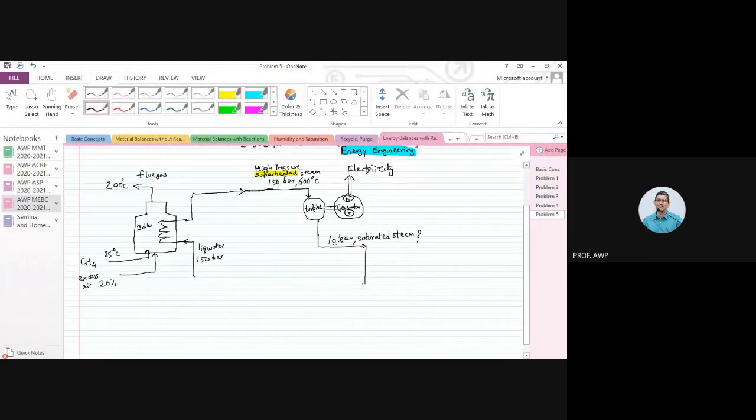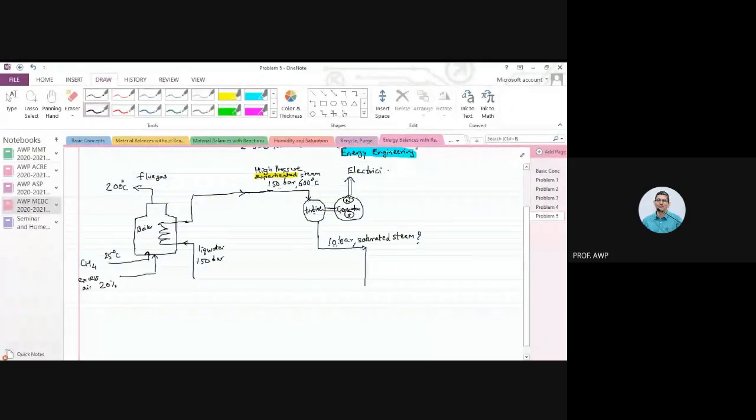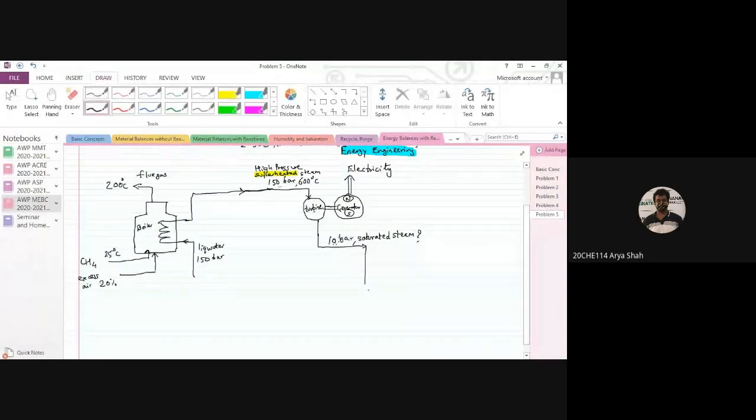Compressor, we said, is out of question because it will use a lot of power, the same power as the electricity generated. Again, if we are just converting 150 bar 600 degrees into 10 bar saturated steam and again compressing it, it will require exactly the same power, right? In fact, more power, isn't it? So the second law we can use this. So we can use this saturated steam to heat up the methane and air. Correct. Yes, we can do that.